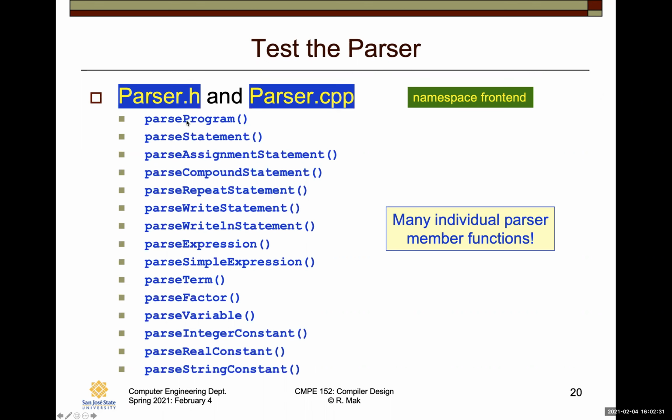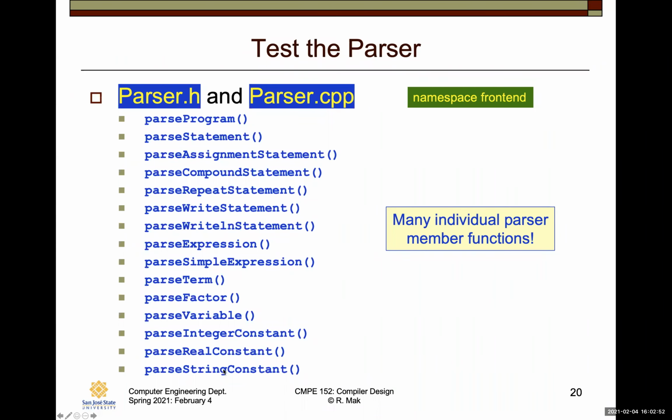So here's parse program to parse the entire program, parse statement, parse assignment statement, parse compound statement, parse repeat statement, and so forth. And then there are these parsers for each of the parts of an expression. Parsers for getting an integer constant, real constant, and string constant.